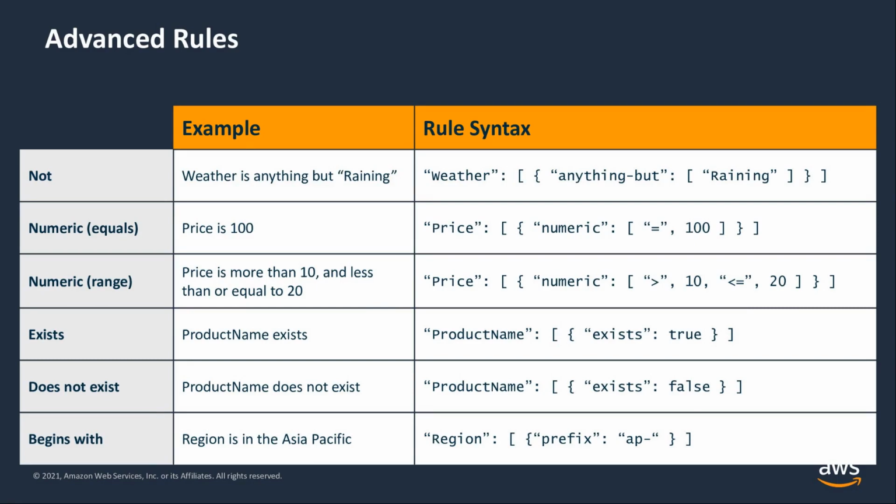And then we have some additional operators that provide functionality that's similar to what you might use in, say, an SQL where clause for filtering records in a database. So exclusivity, so not, numeric equality, numeric range, if something exists, does not exist, or begins with. So with all of these different operators, you can compose really complex rules if you like.